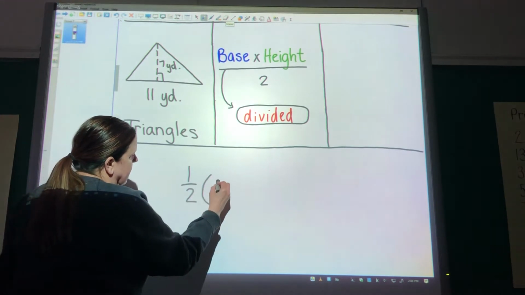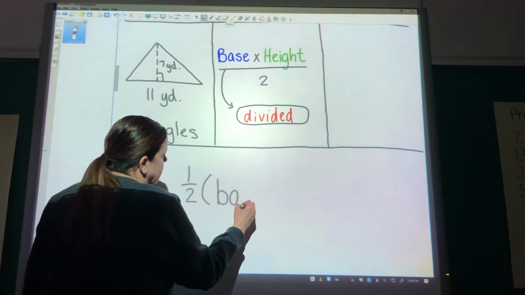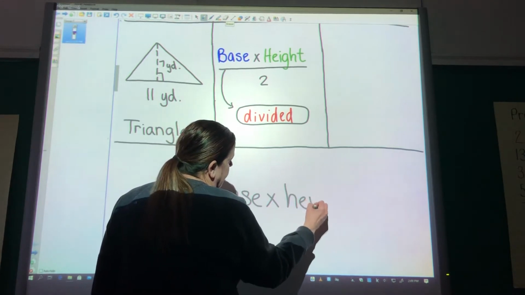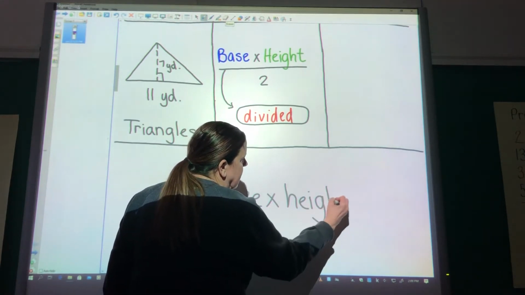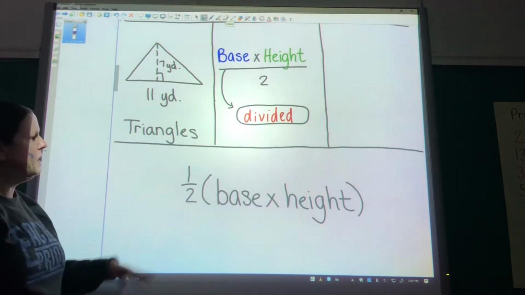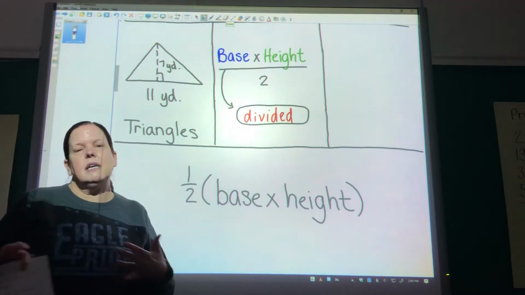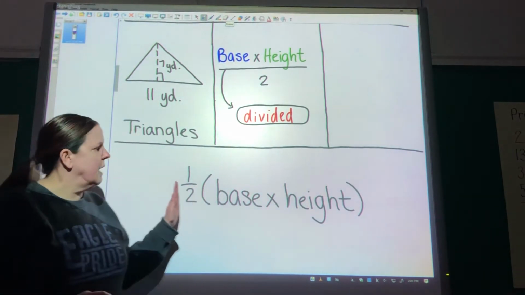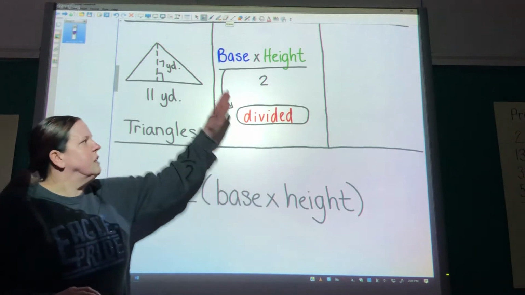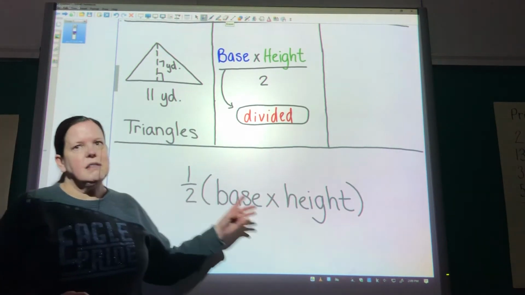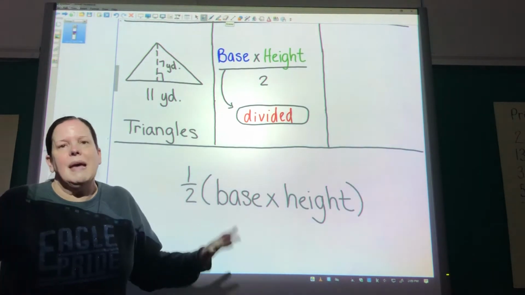1/2 times base times height. So there are some companies, some worksheets that might have it like this. I think when we take our state test and they give you those reference pages with some of the formulas, I think they have it this way, but essentially they mean the same thing. So essentially you're going to take the base times height, and then you're going to times it by 1/2.